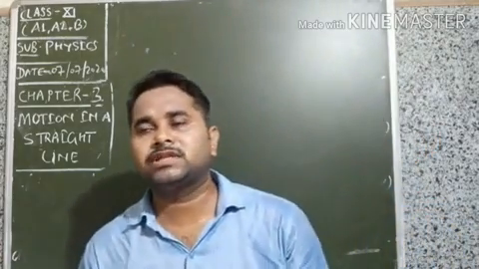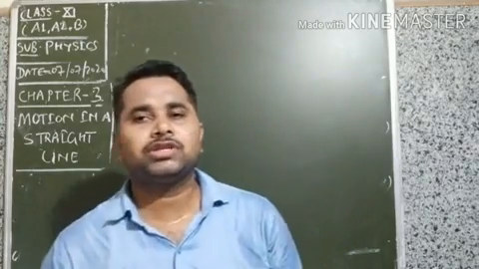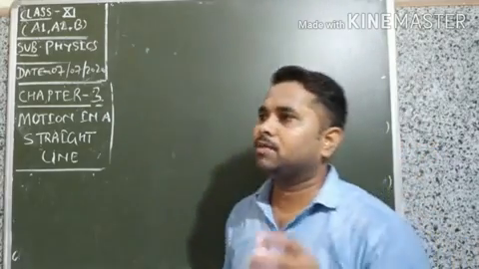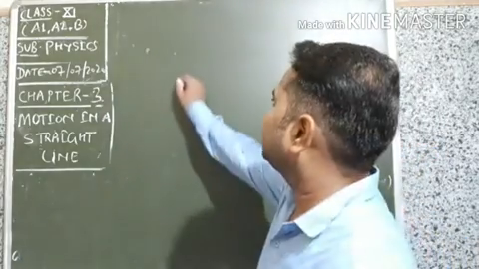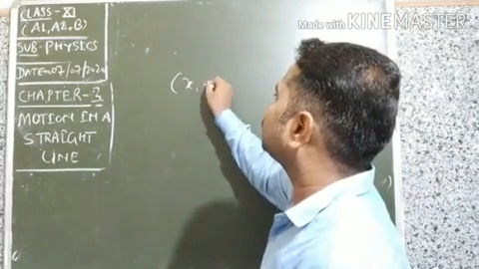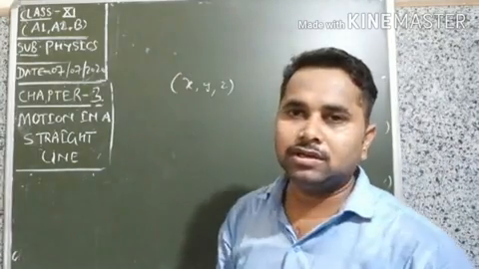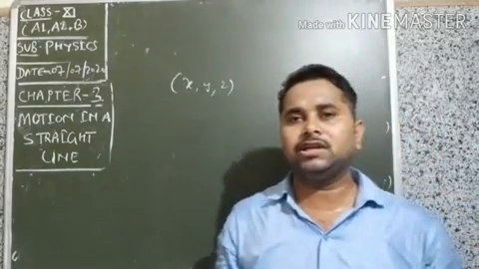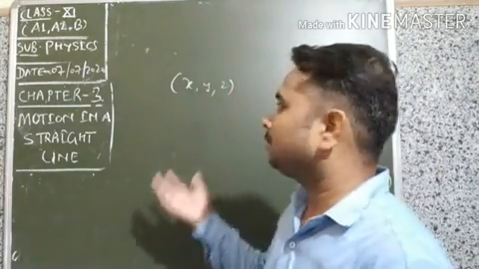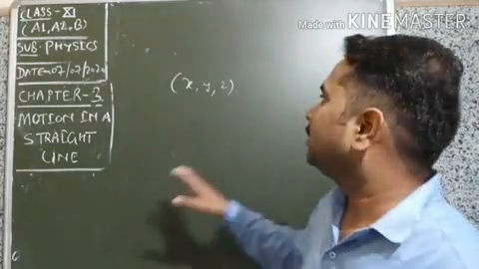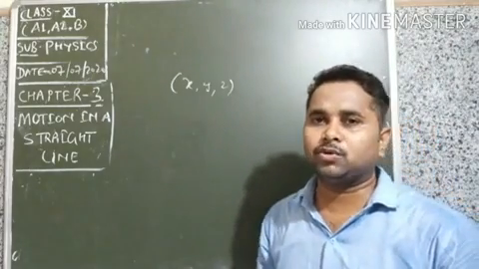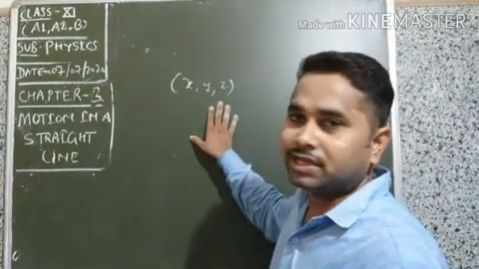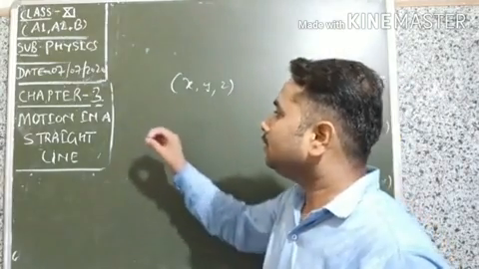Also yesterday we explained this motion in a straight line with the help of the coordinate system. Suppose initially the position of the body is denoted by x, y, z. So this is the coordinate position of the object initially, and after some time one of the coordinates changes. Suppose one of these three coordinates changes, then it is straight line motion.